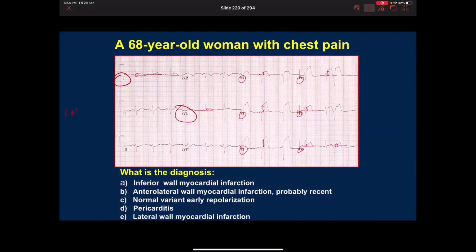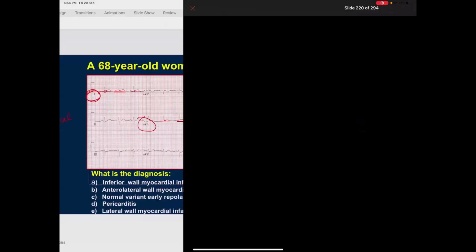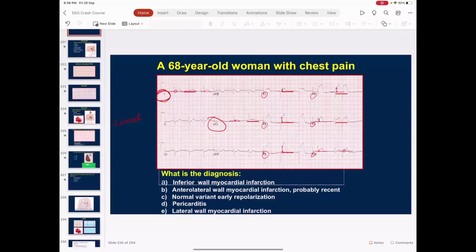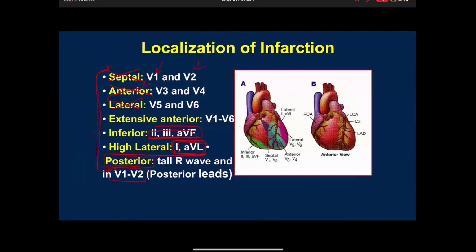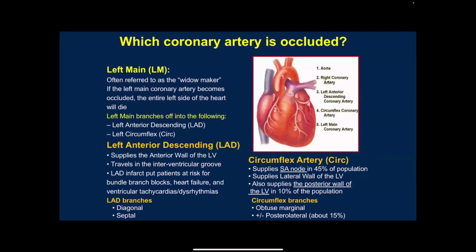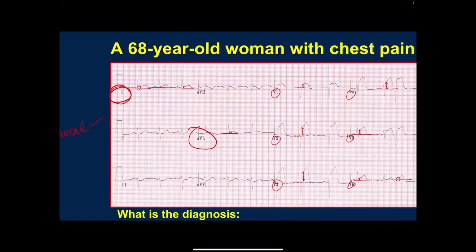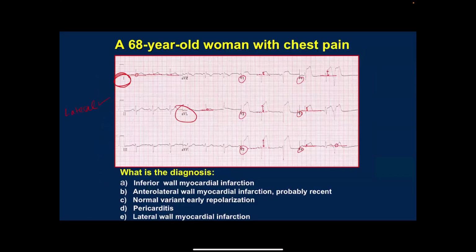So we're sure there is lateral because we see a STEMI in 2 consecutive leads, and we said for lateral, 1 and AVL are considered consecutive leads. Okay. So we know for sure there's lateral. Can you hear me? Yes.